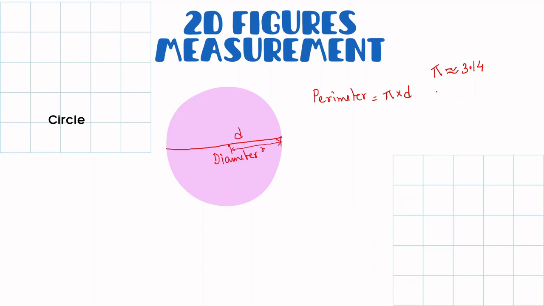So R equals D by 2. Now you have known about the radius, so we can calculate the area. What will be the area of the circle? The area of the circle will be pi r into r, that is pi r square.